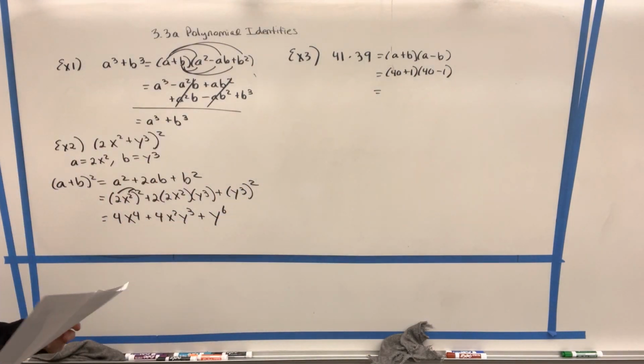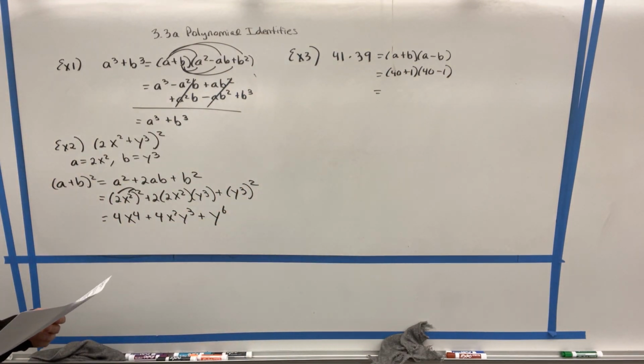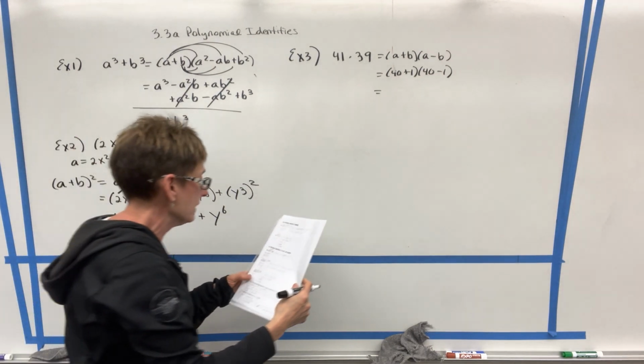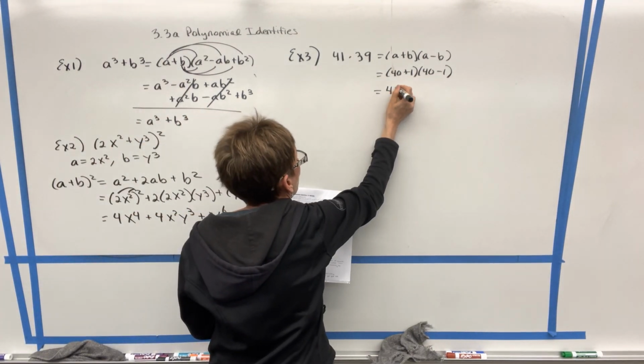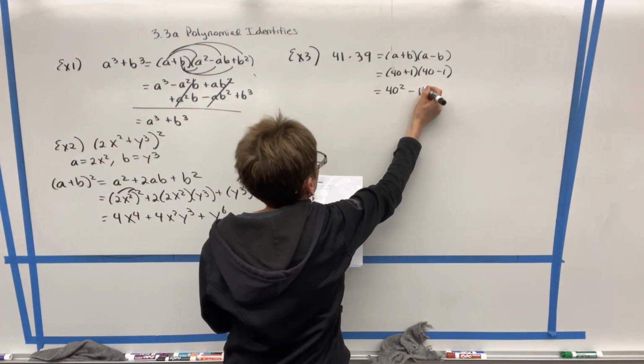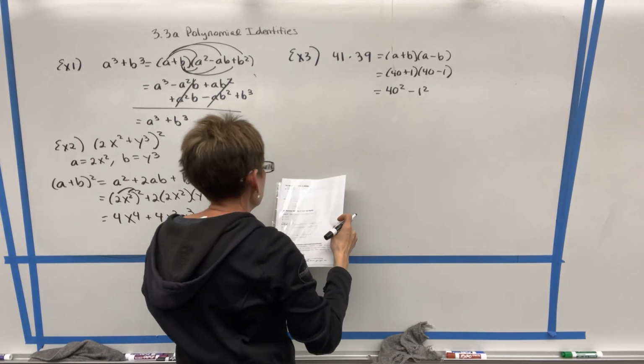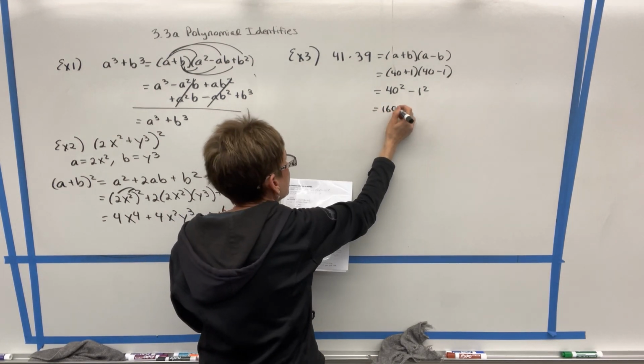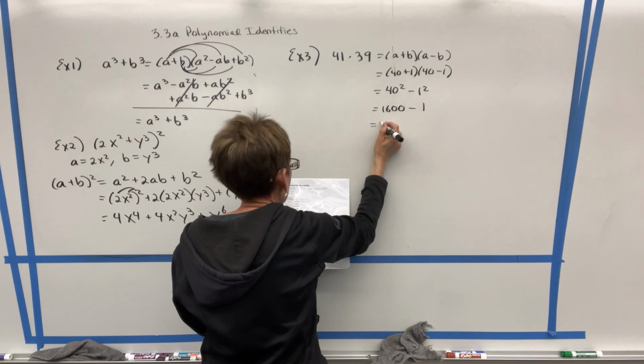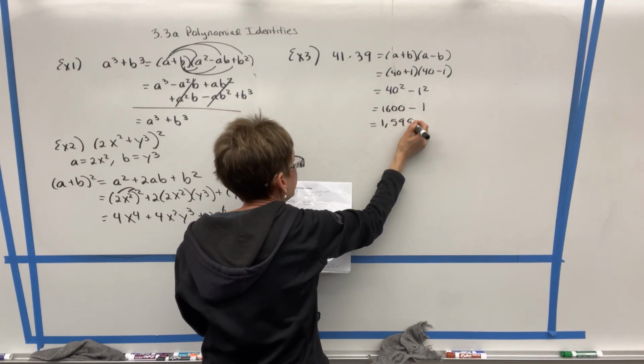I know that according to DOPS, that is going to be the same as 40 squared minus 1 squared, which is 1,600 minus 1, or 1,599.